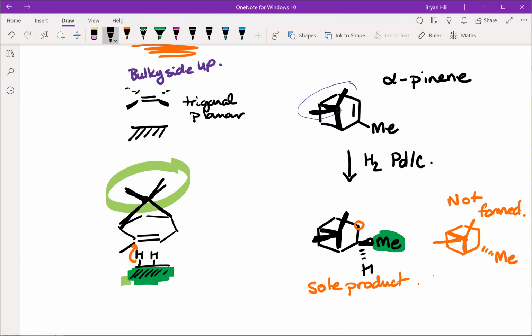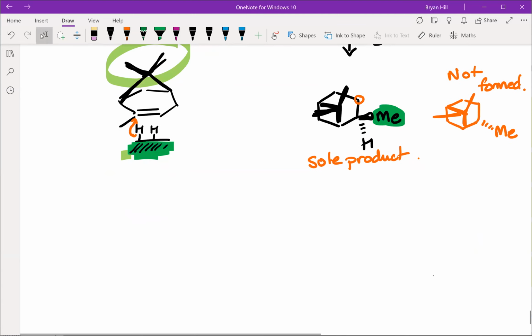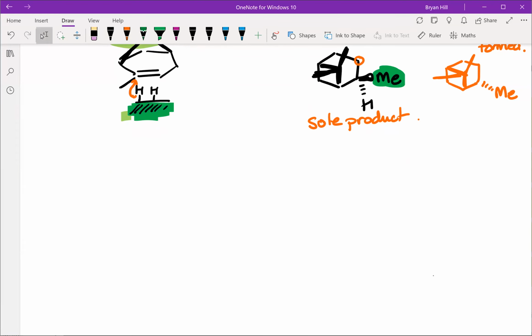Now, there's one other little bit we could include here. Let's pretend that we've got this as our molecule, and we do this reaction: H2, palladium on carbon, ethanol.